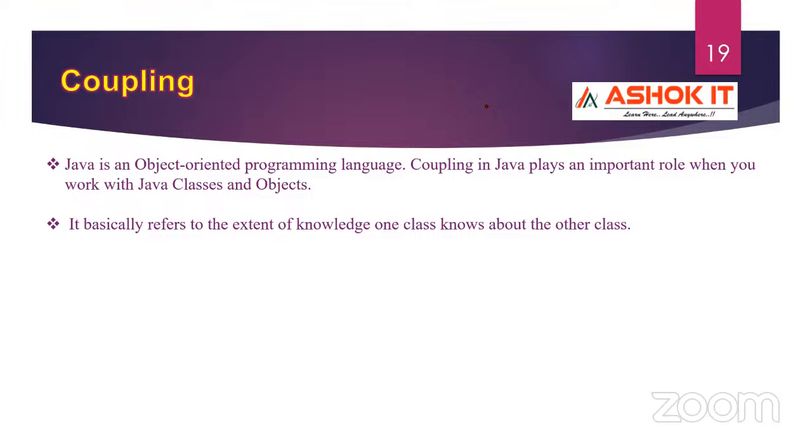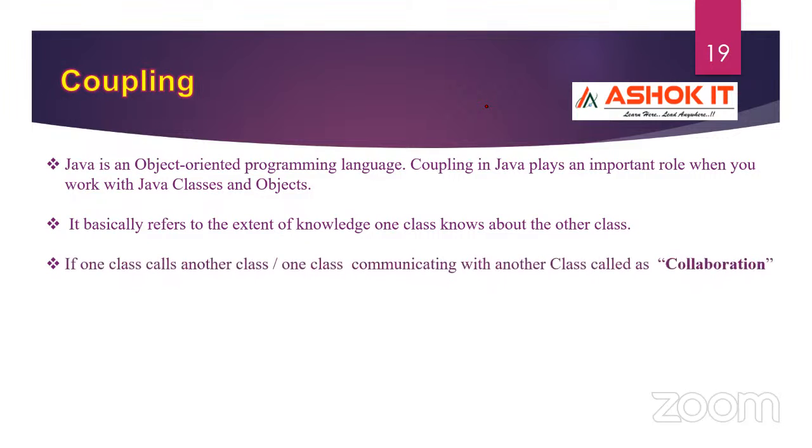That is nothing but coupling, guys. If one class calls another class, or one class communicates with another class, that is called collaboration, or we can say it is coupling.